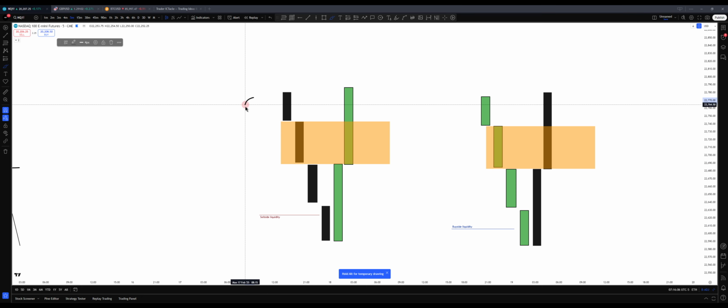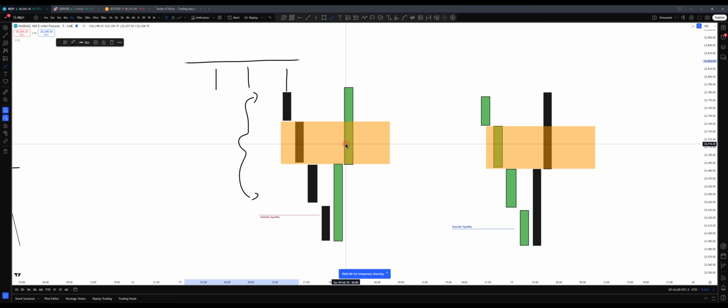This is when you have to note that this move is a manipulation move. Why? Because price engineers liquidity right here. Let's say there are equal highs here. So you don't want to be selling somewhere where there are resting equal highs or buy stop liquidities.